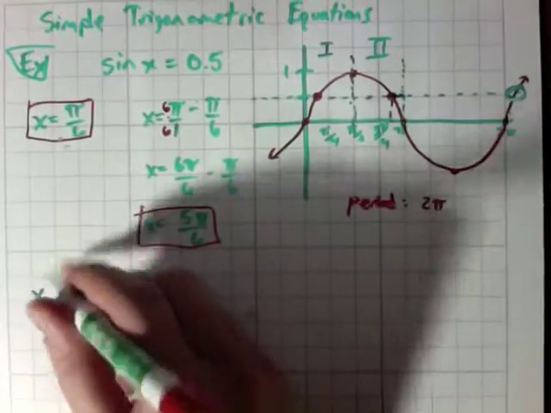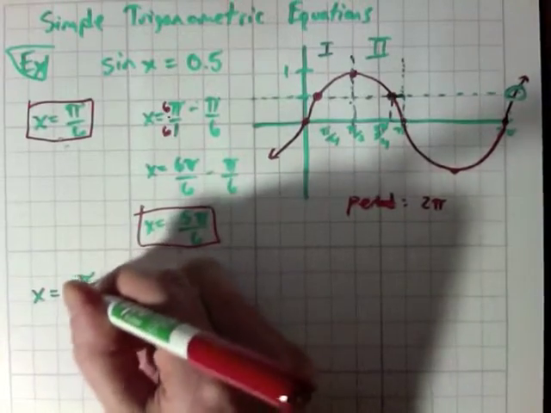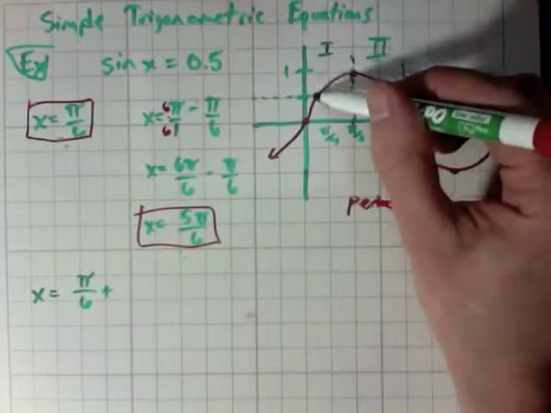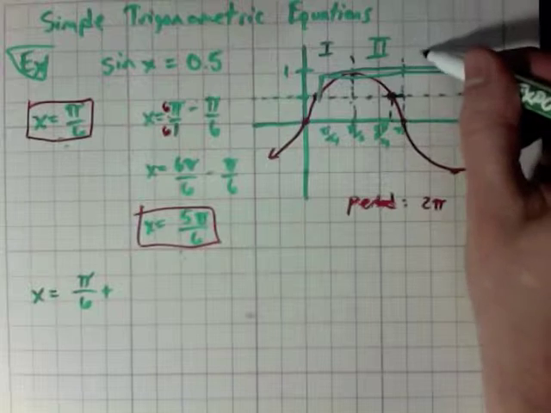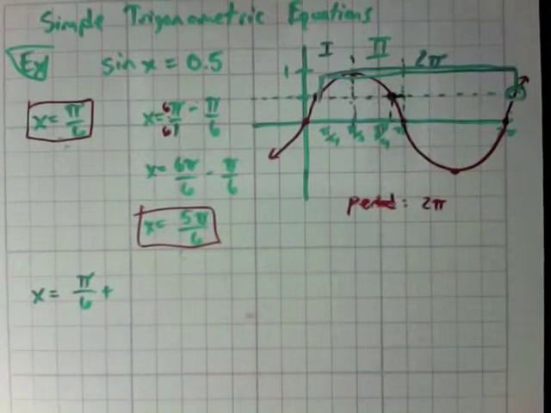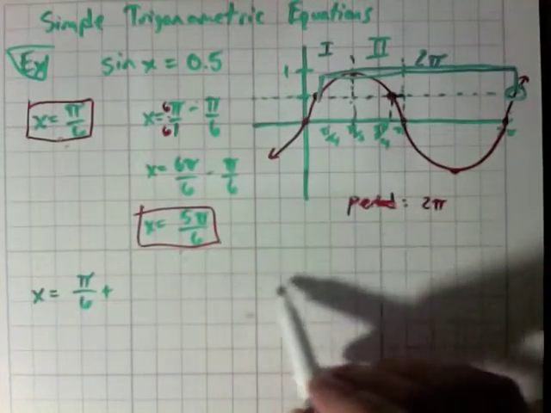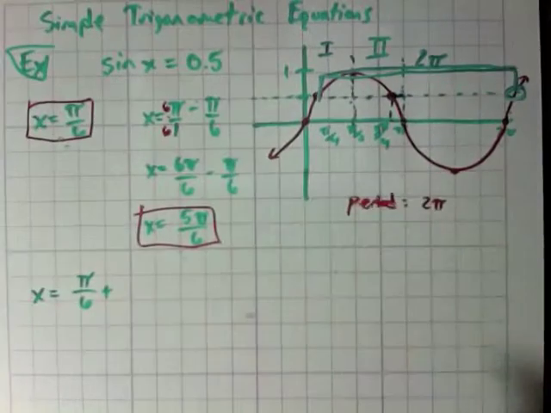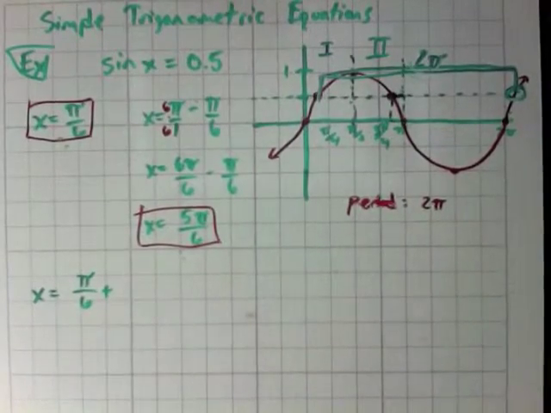Considering this angle, I have x equals pi over 6, and to go from here over to here is 2 pi units away. Remember, when we were thinking about the unit circle, a coterminal angle was just an angle that would land back in the same position, no matter how many times we spin around that circle. So I can add multiples of 2 pi to pi over 6.